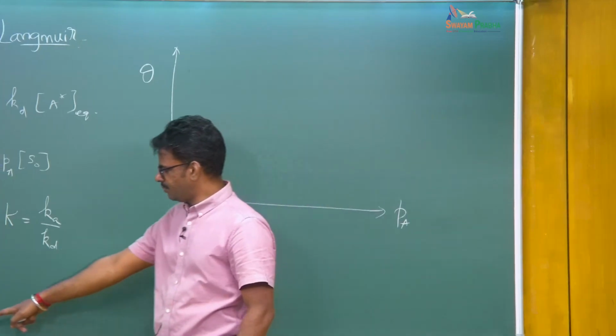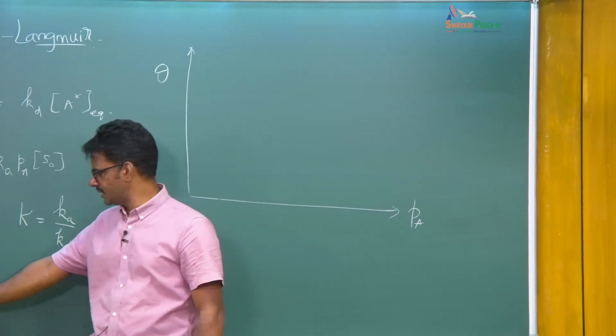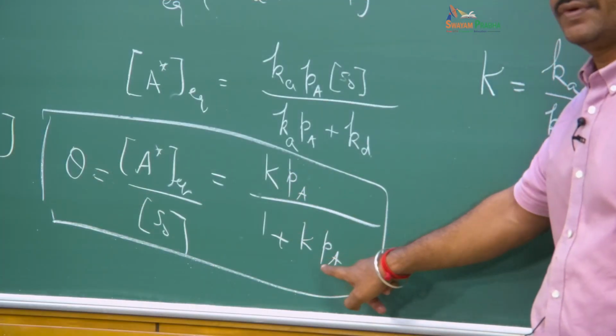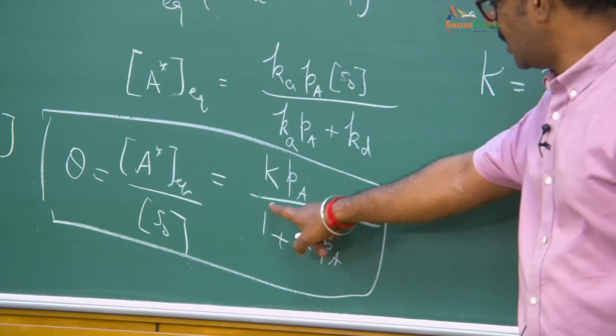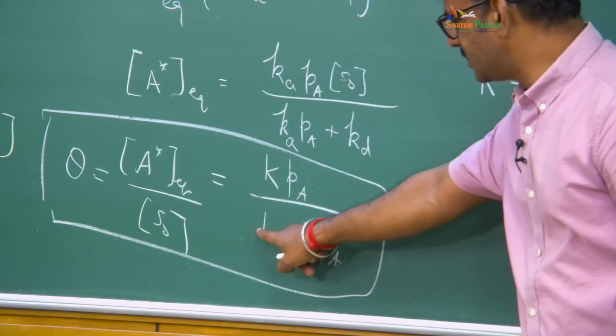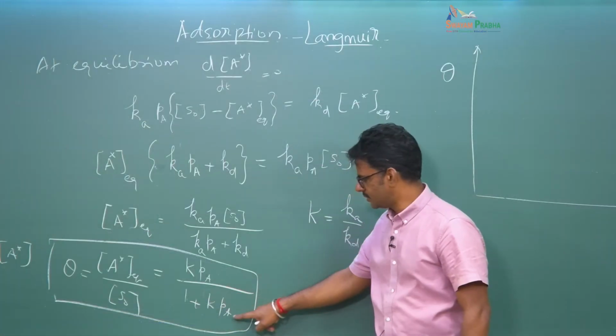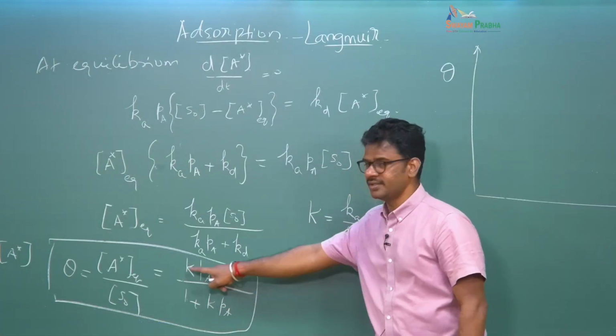you see that when Pa is very small, for a given K value, the 1 term is much more than K Pa, so K Pa is actually negligible in the denominator. You will see that the coverage is proportional to Pa.